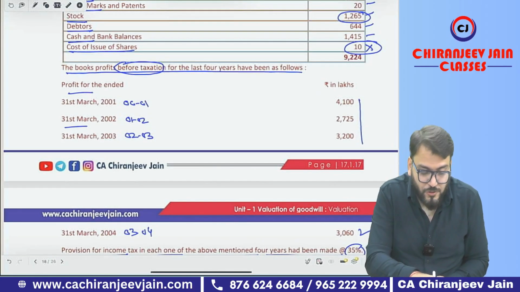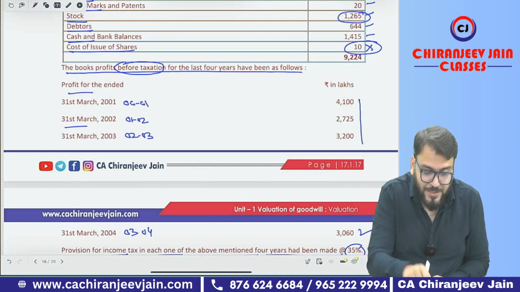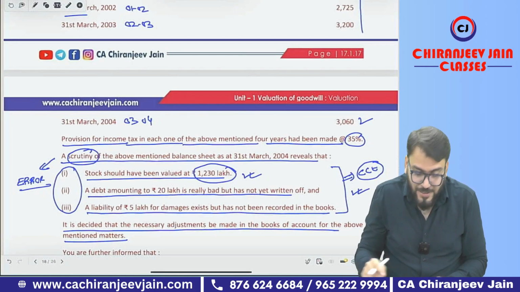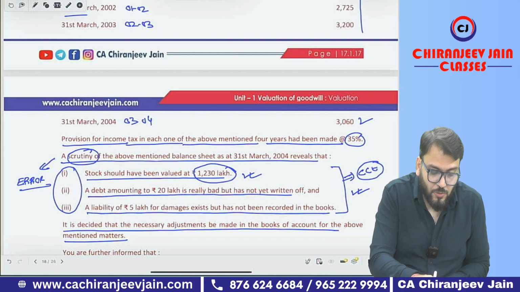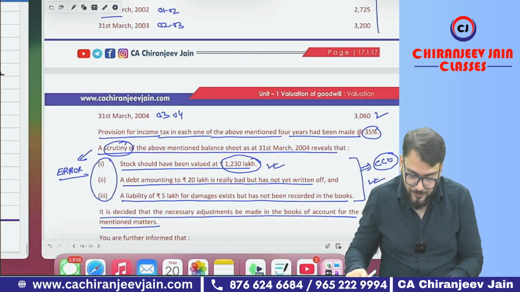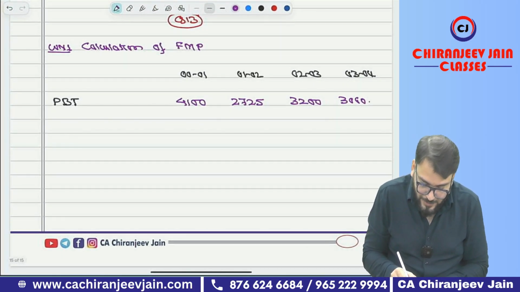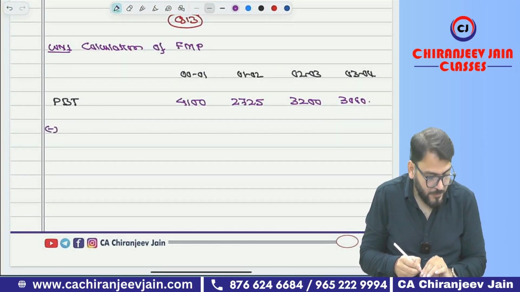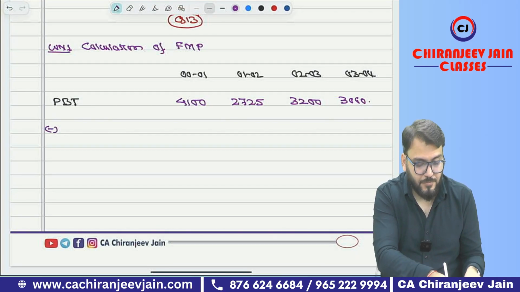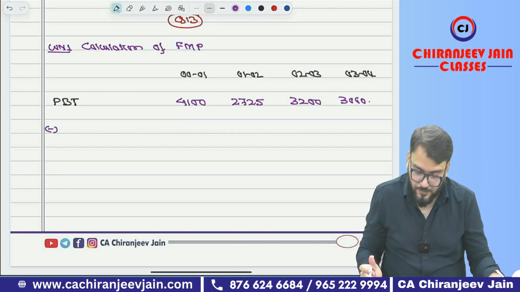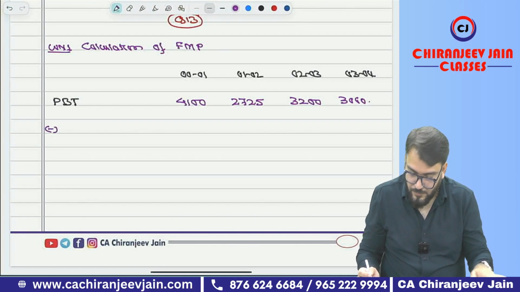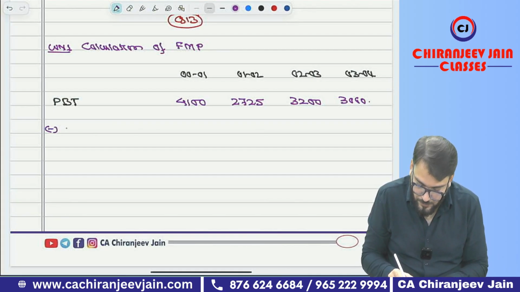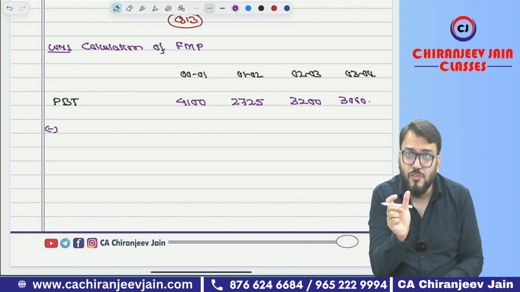So how much is this loss? 1265 minus 1230, it is 35. So write down: less, loss on stock.